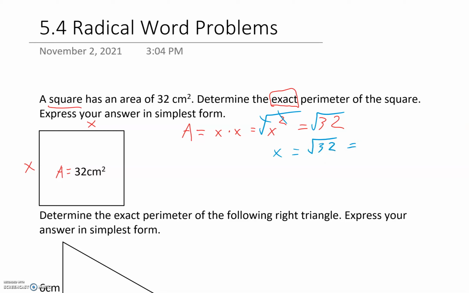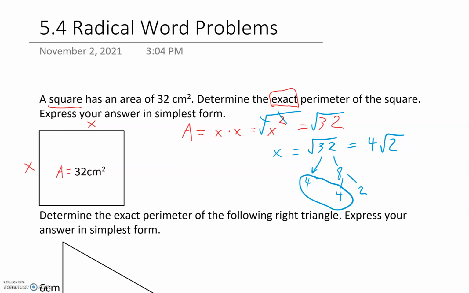If we simplify that, we can say this is 4 and 8, which is 4 and 2. Take out the two parts that are the same. So now it's 4 root 2.